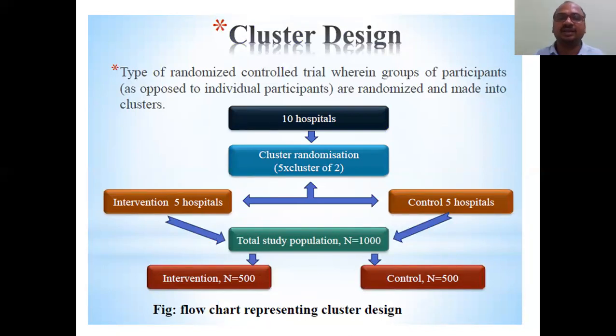See here, 10 hospitals are clustered together. You are not doing it in one hospital, but 10 hospitals. Cluster randomization, 5 clusters like that into 2. Control 5 hospitals, intervention 5 hospitals, and the total study population is 1000. N control 500, intervention 500, like that they will design.